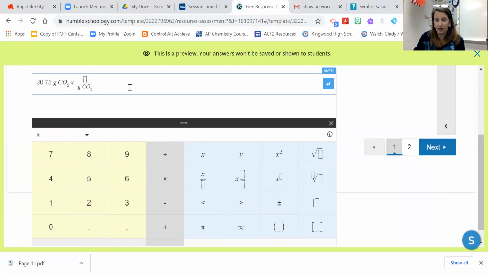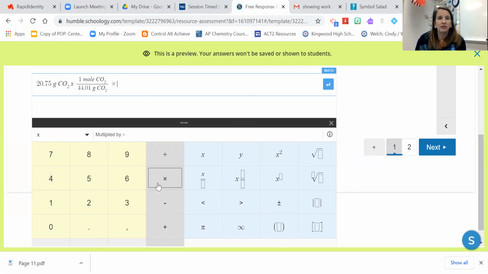Well, that's going to be our molar mass. So the molar mass of carbon dioxide is 44.01 grams. And I'm just going to copy and paste this so I don't have to retype it all the time. Control C. 1 mole of CO2. I can click to the right to get me out of this.